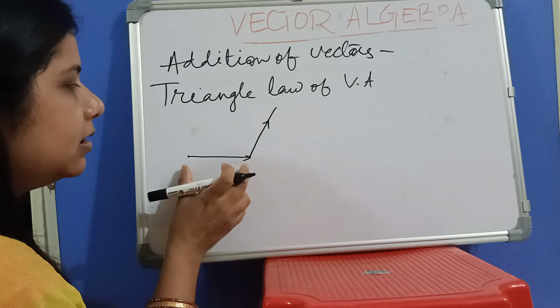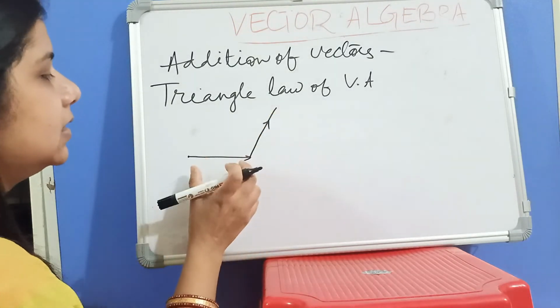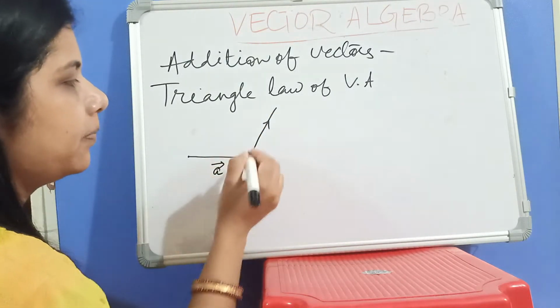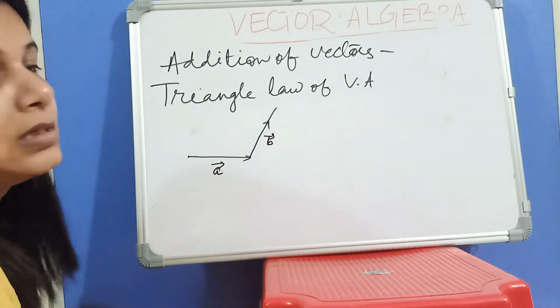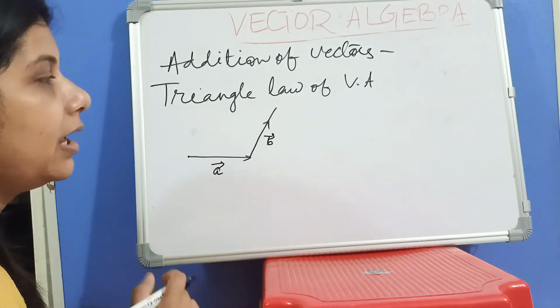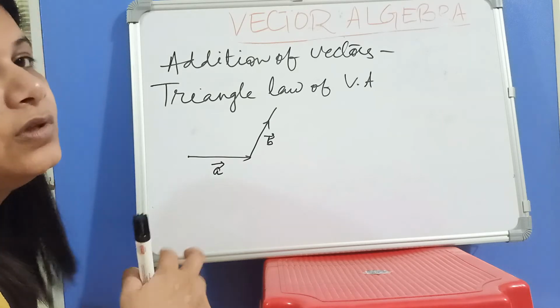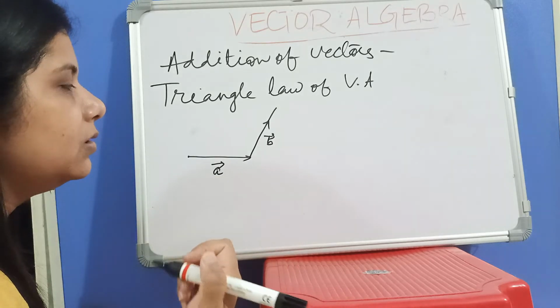So what will be the addition of this and this vector? Suppose this vector is vector A and this vector is vector B. So what will be the direction and the magnitude of the sum of the two vectors?